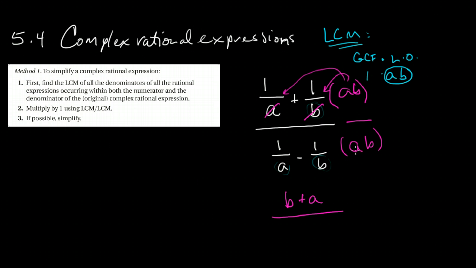And the same thing in the denominator. I multiply in, the A's cancel, and I'm left with just the B minus the B's cancel, and I'm left with just the A.